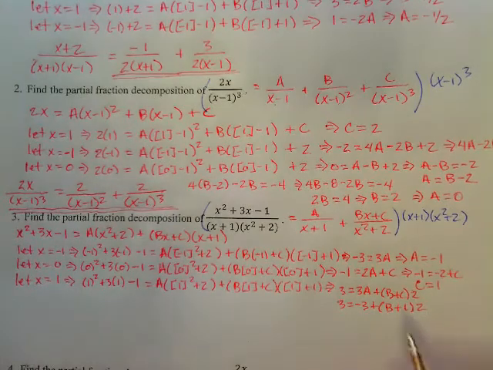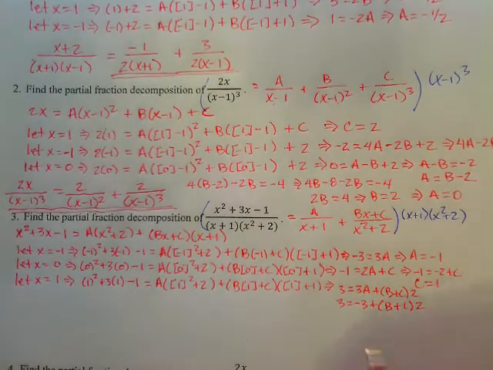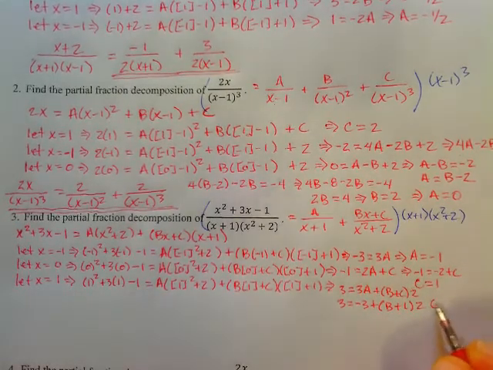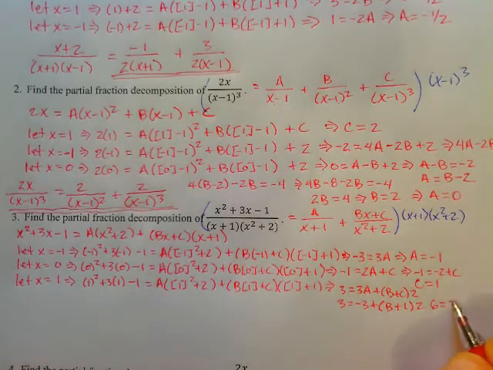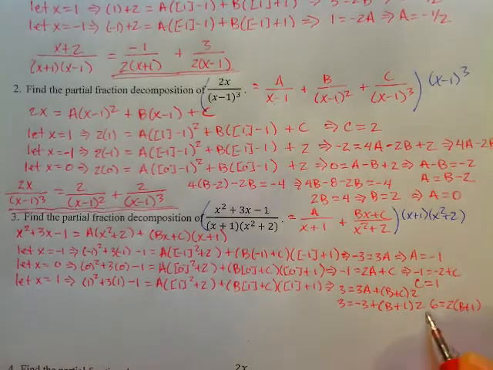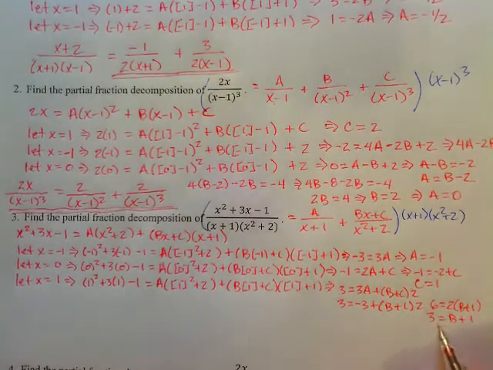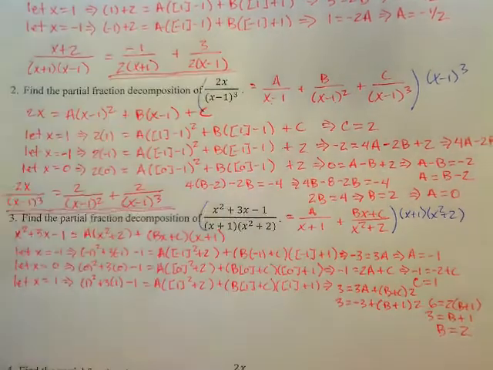And let's see, we can move the -3 over there to make it 6. And so 6 equals 2 times b plus 1. So divide, we have 3 equals b plus 1, or b will equal 2.